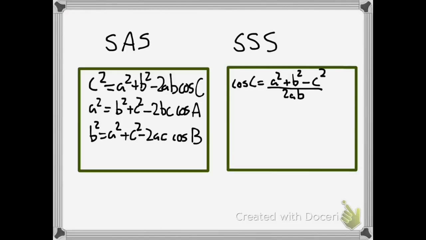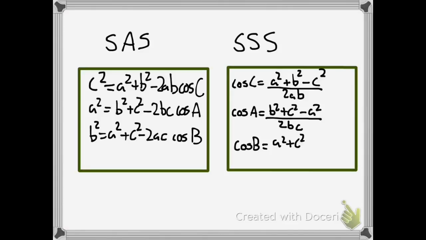For A, it would be cosine A, which should equal B squared plus C squared minus A squared all over 2BC. And finally for B, it would be cosine B, which should equal A squared plus C squared minus B squared all over 2AC.